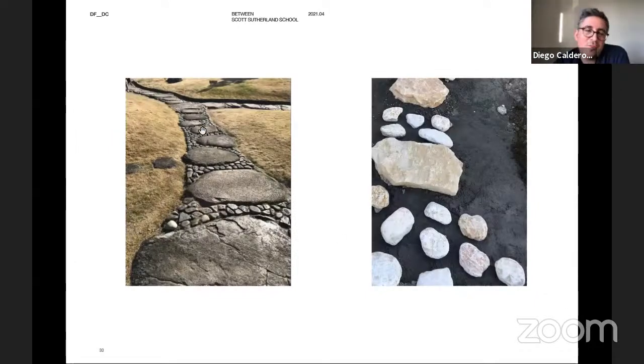This is also something slightly anecdotal, but Dario had a trip to Japan that year, when the house was already well under construction. And he came across this, I would like to think, almost vernacular or traditional way of doing a pathway.